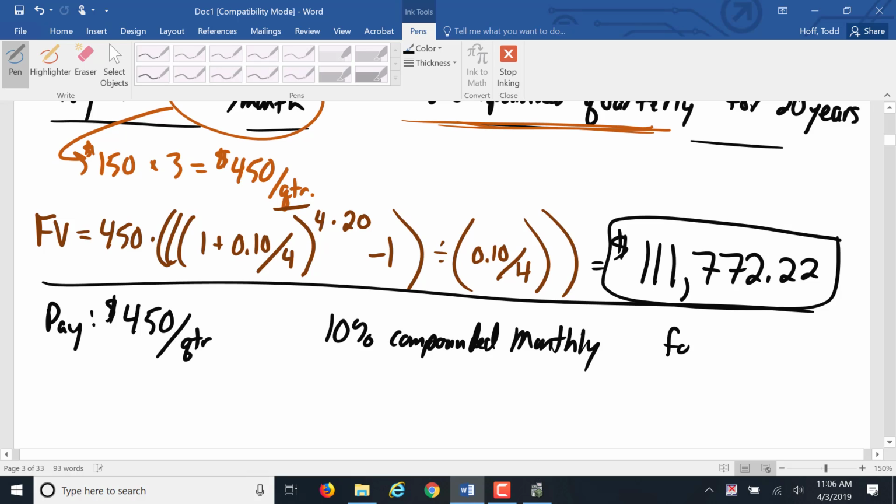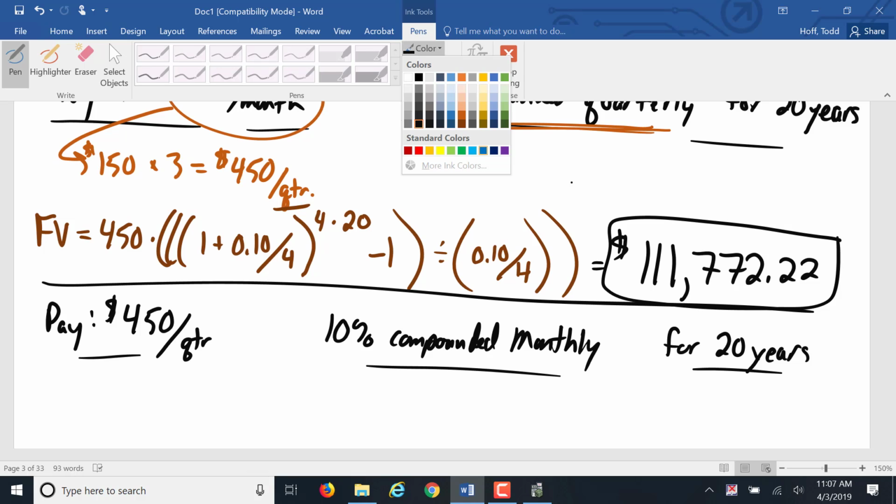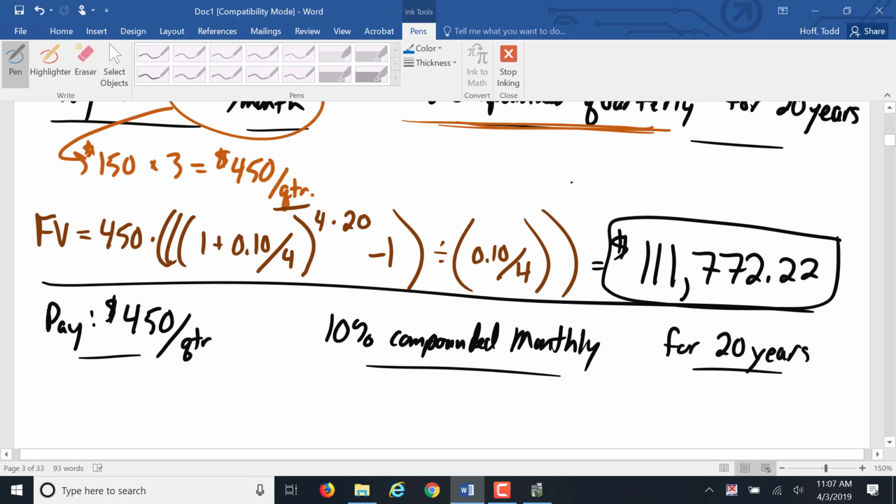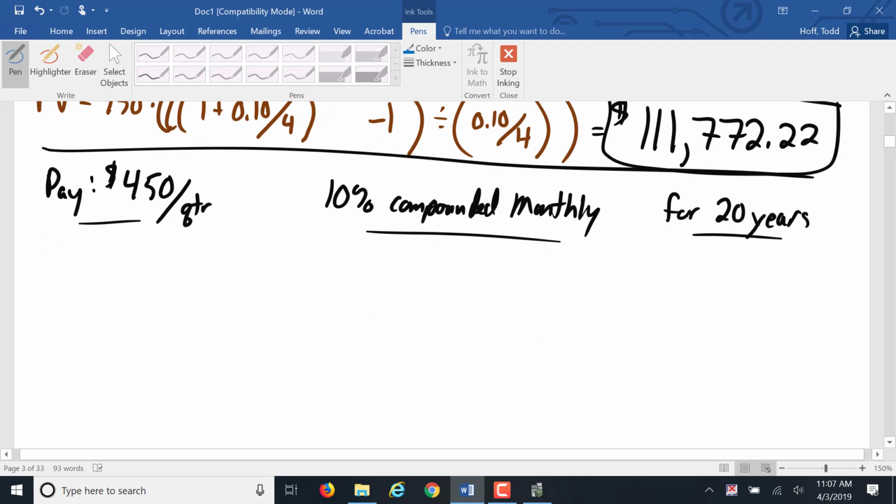And it's still going to be for 20 years. This is actually a much more complex problem because the interest is calculated every month, but the payments aren't made until each quarter. So there's 3 interest payments for every extra payment coming into the account.